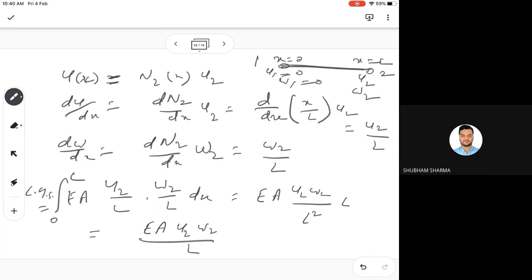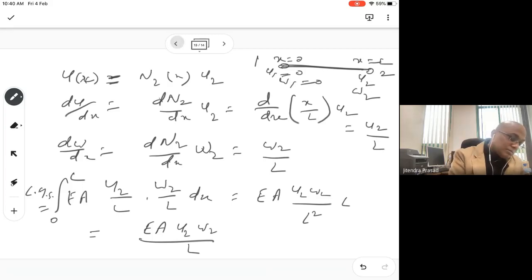Sir, we took u of x equal to N1(x) u1 plus N2(x) u2, then we did u at x equal to 0 is 0, and we are using the same thing for further calculations. So these values of u of x are for x equal to 0 only.